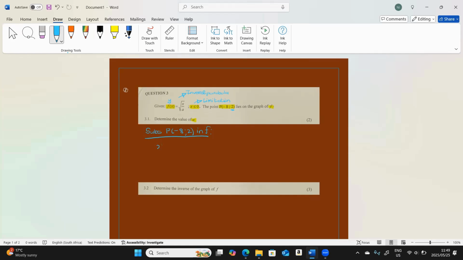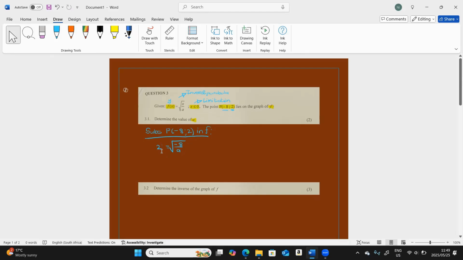So you are going to say 2 equals, and then you write the square root, and we replace our x value with -8, and then a would be my denominator in my fraction underneath the square root, guys. Can you see we have substituted point P into my equation? Can you see now the only unknown is a? So that is a tool that you can use in the future.